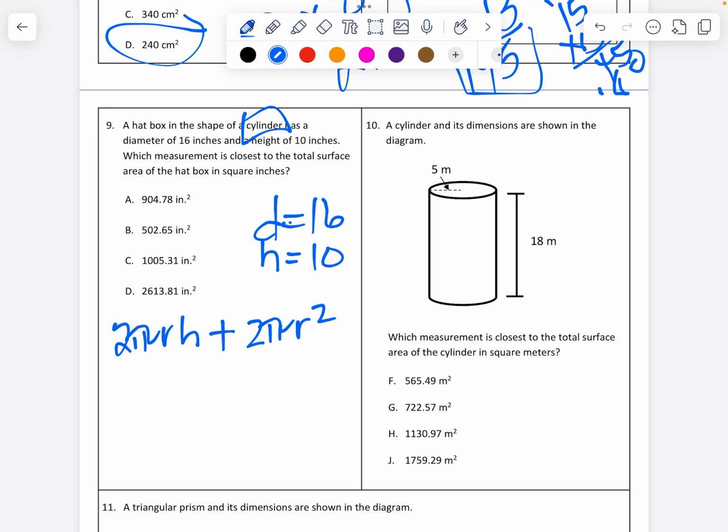I do need the height, but I need a radius, and I have a diameter. So I'm going to do 16 divided by 2, and I get 8. That is my radius. So I'm going to plug in now: 2 times pi times 8 times the height, plus 2 times pi times 8 squared.